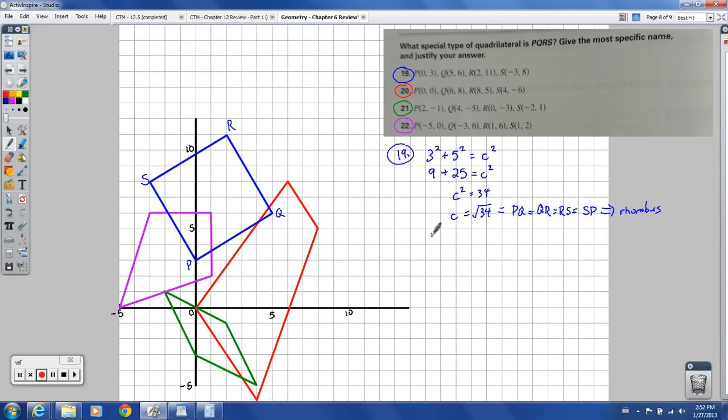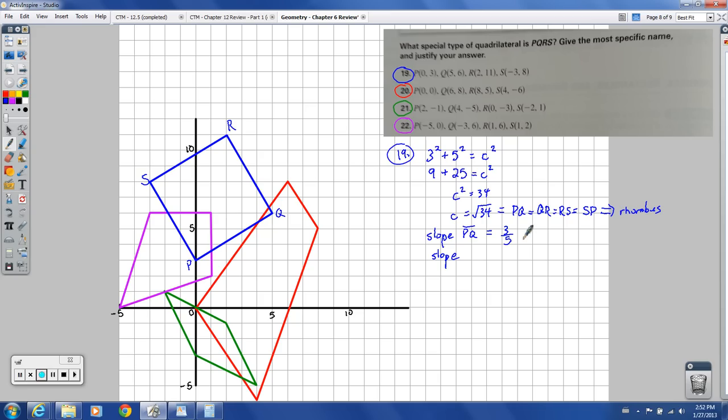And then if I find the slopes of each one of these. So if I find the slope of PQ, the slope of this is going to be up 3, right 5. So the slope of segment PQ is 3/5. The slope of RQ is negative 5 over 3.